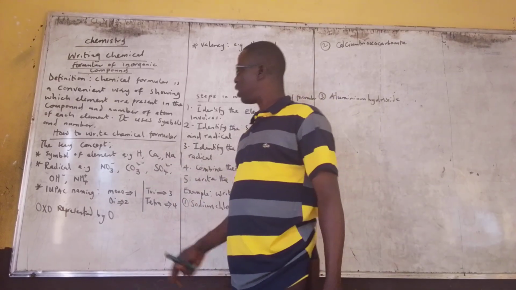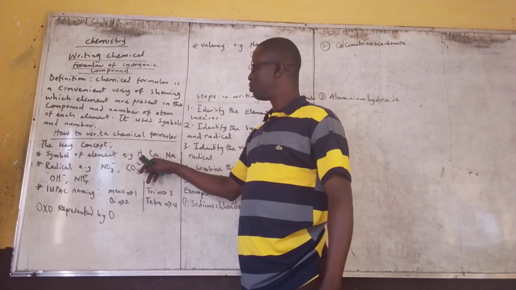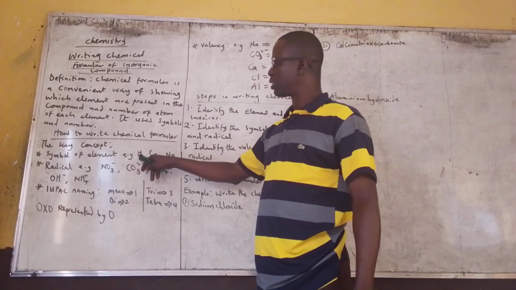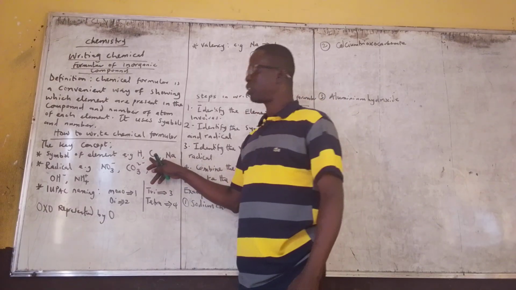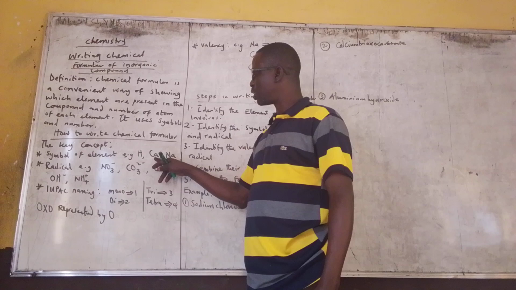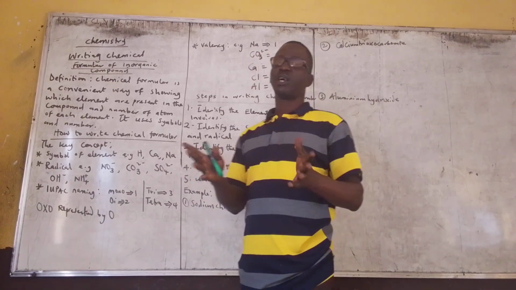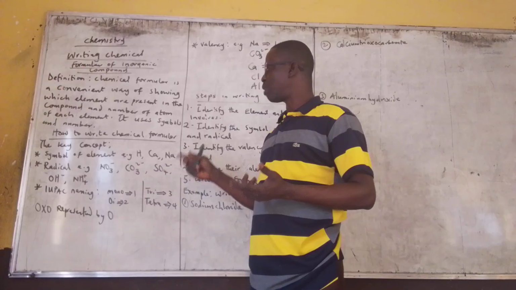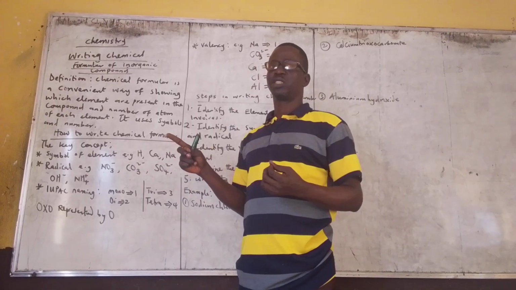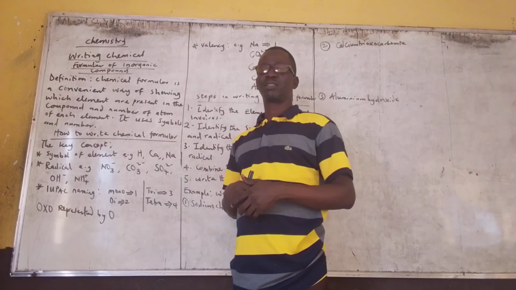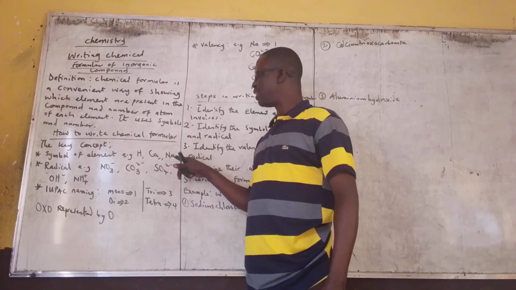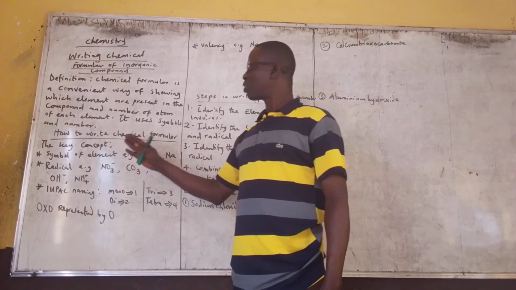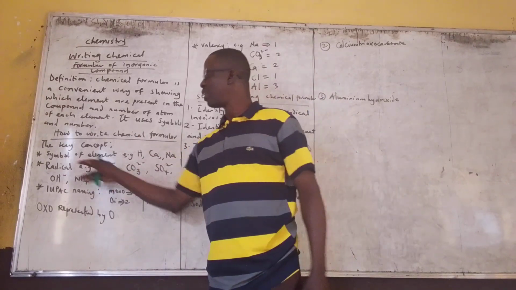For example, hydrogen, we represent with capital letter H, and calcium, capital letter C and small letter a. Then some elements pick symbols from their Latin names. For example, sodium, whose Latin name is natrium, so it is Na.